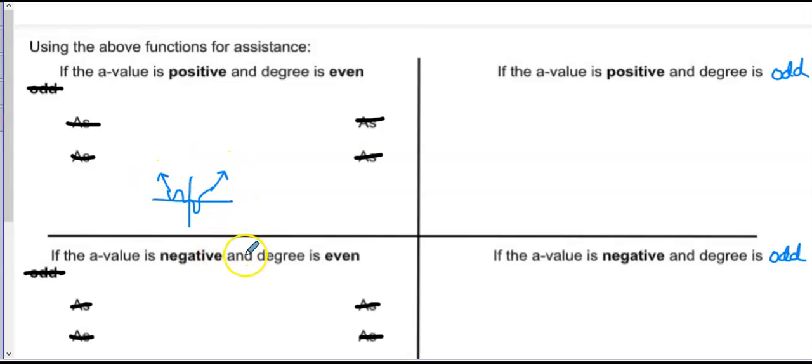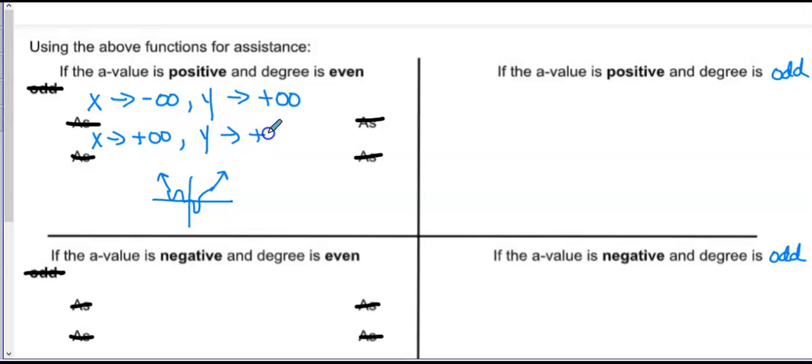So what's the end behavior look like? Well, as x approaches negative infinity, y approaches positive infinity. And then on the right side, as x approaches positive infinity, y also approaches positive infinity.